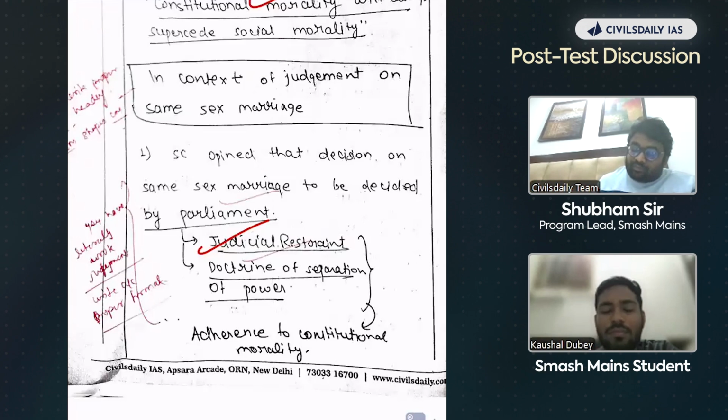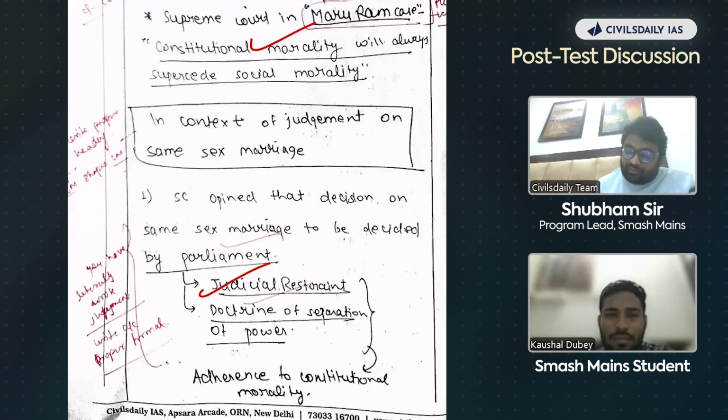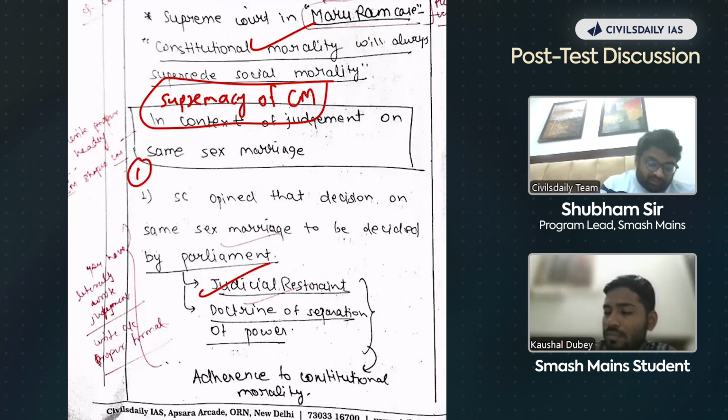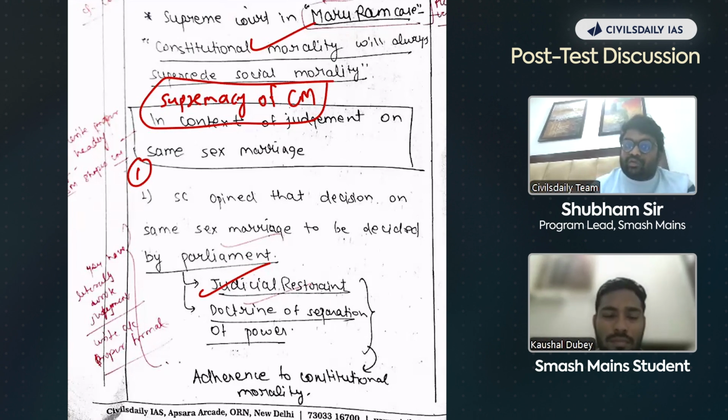Okay. The supremacy of constitutional morality. Under it, you write the points. So whenever you are talking about constitutional morality, or similar philosophical questions related to the constitution, remember the dimensions that I am giving. Are you noting down these points?